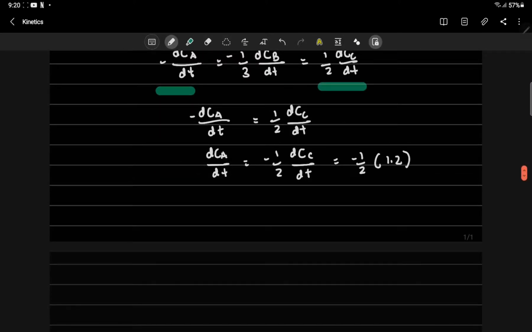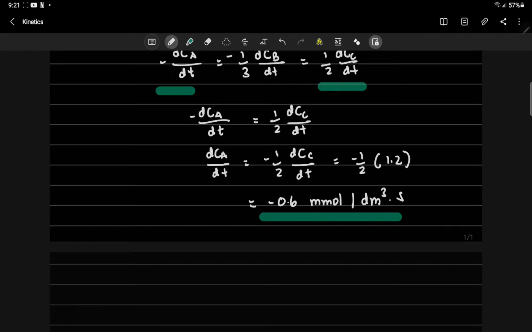So therefore, the result will be minus 0.6 millimoles per cubic decimeter second. This is the answer, and take note of the negative sign because nitrogen is a reactant, so it will disappear according to the reaction.